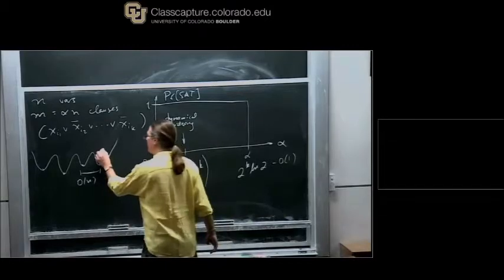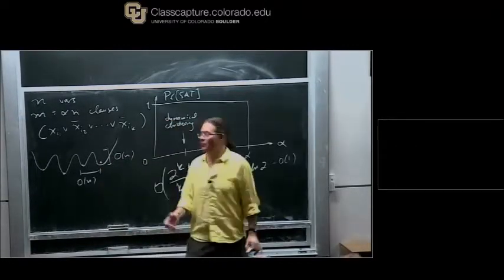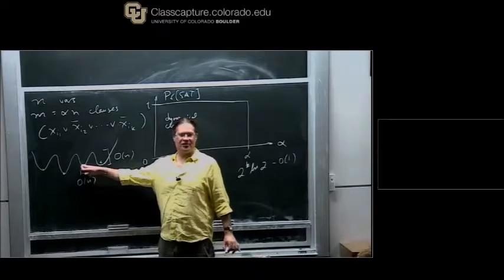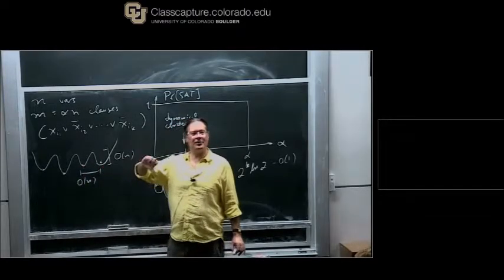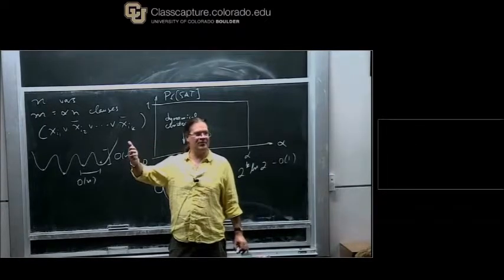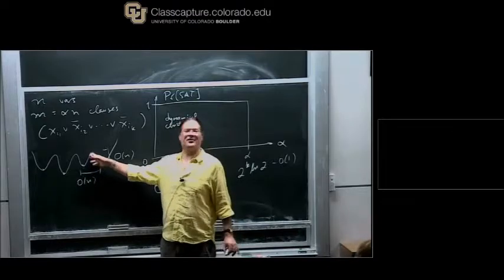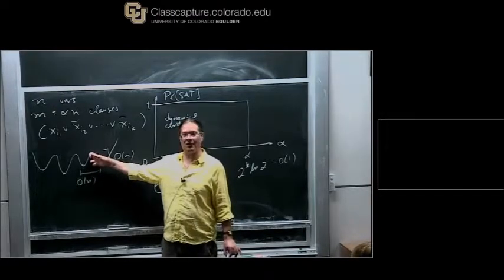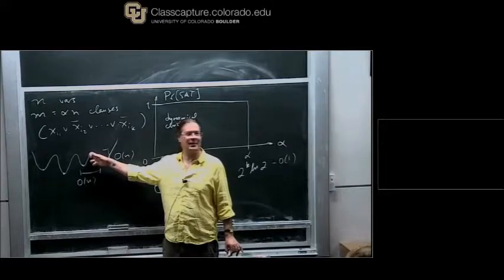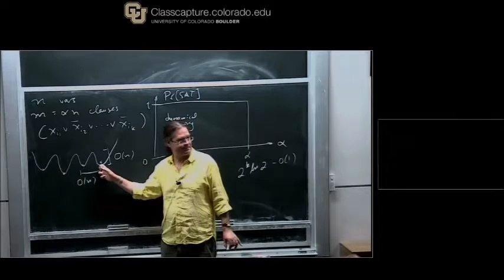Moreover, there are energy barriers between them of order n. What do I mean by energy barrier? Well, in order to get from a satisfying assignment in this cluster to one in that cluster, if you were doing this with single spin flips, flipping individual variables up and down, you would have to pass through a state where order n of the clauses are unsatisfied. You would have to make a lot of clauses unhappy to get from this cluster to that cluster.